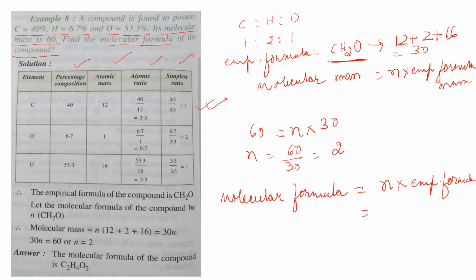So N is 2 into the empirical formula CH2O. By multiplying this, I am getting C2H4O2. This is my molecular formula. See here. Okay, am I clear to you?